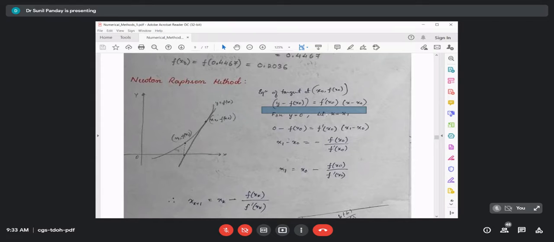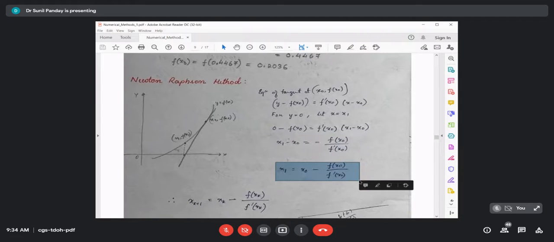So put y equals 0 and let x equal x1, because this is the equation of the tangent at the point x naught, f(x naught). Wherever this tangent intersects the x-axis, it means y is 0. So we are assuming that point is x1, which intersects the x-axis. So we substitute y equals 0 and we will get this one, and then finally this one.